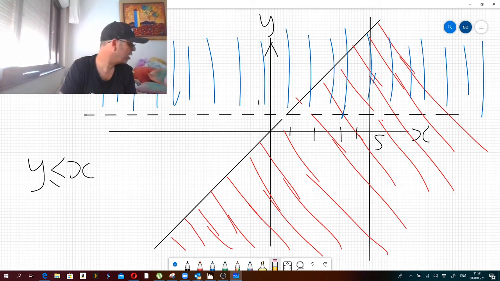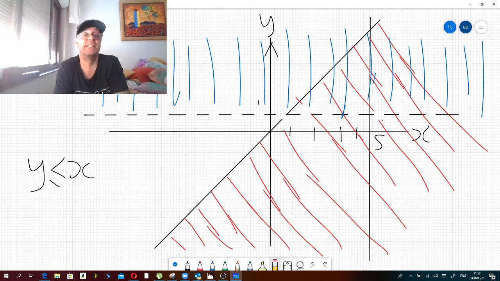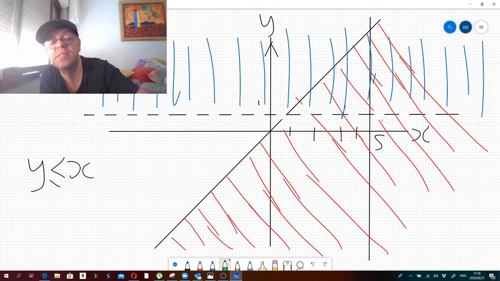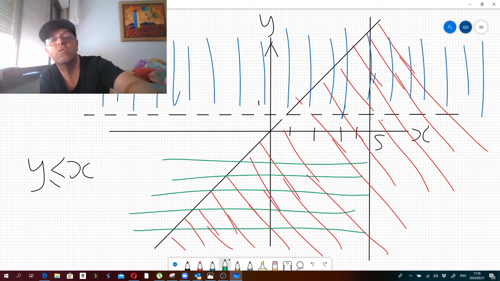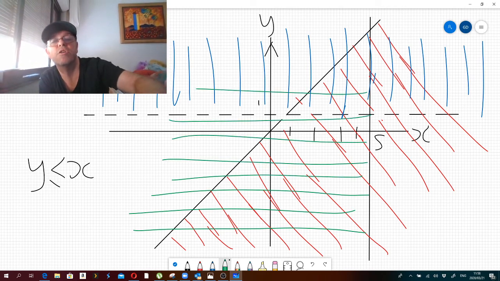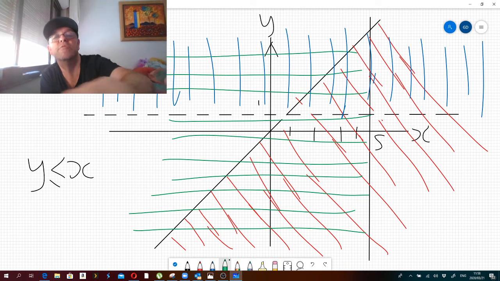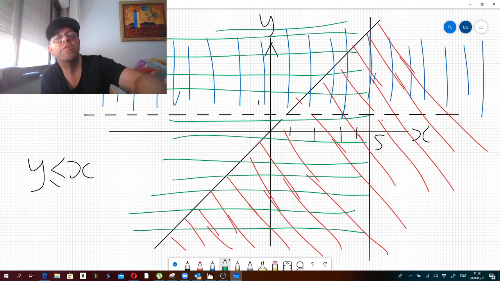And for the third one, they wanted everything where x is less than or equal to 5. So that's everything to the left-hand side. Again, I'm going to use a different color, so we'll go with the green. Everything to the left, and because it's equal to on this one, we'll keep the line solid for x equal to 5. That's the vertical line going up through the value x equals 5.